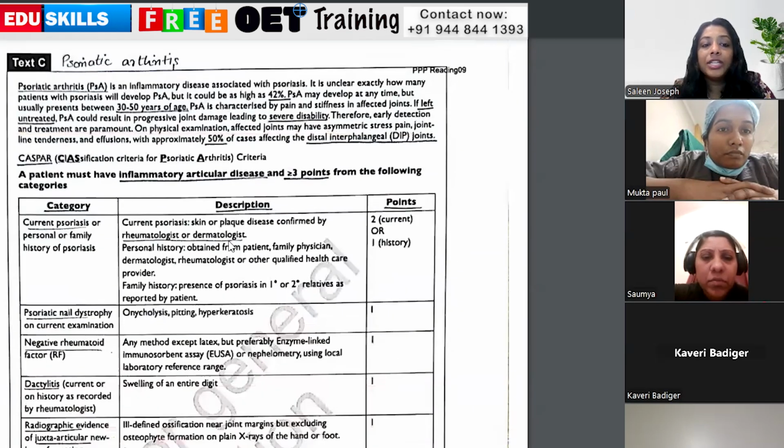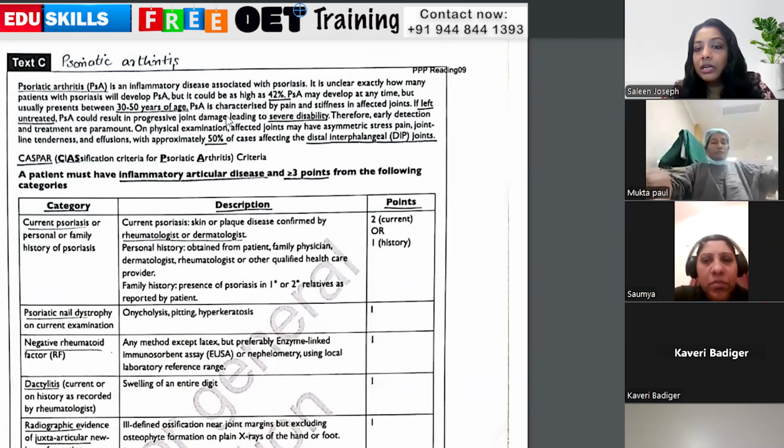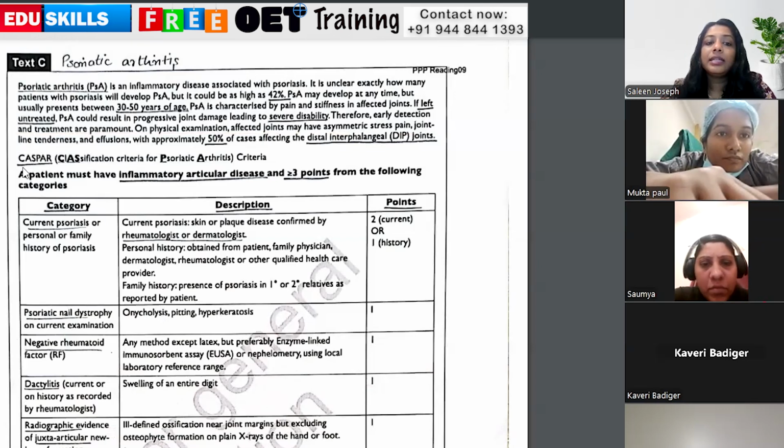In text C, they have mentioned psoriatic arthritis. So definitely in this paragraph, they will mention only psoriatic arthritis. They have mentioned some percentage, age limit, then what will happen if left untreated. There is also a criteria they have mentioned here, CASPAR, the classification criteria for psoriatic arthritis.